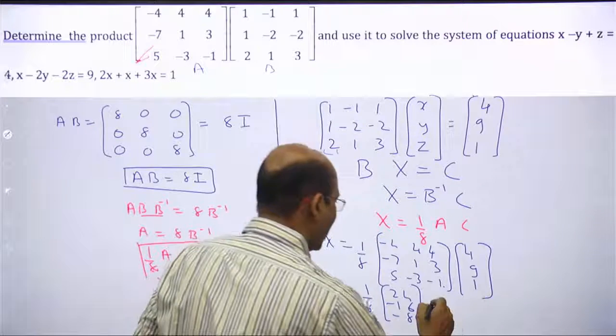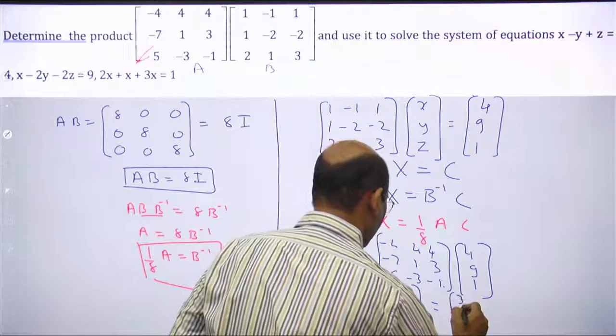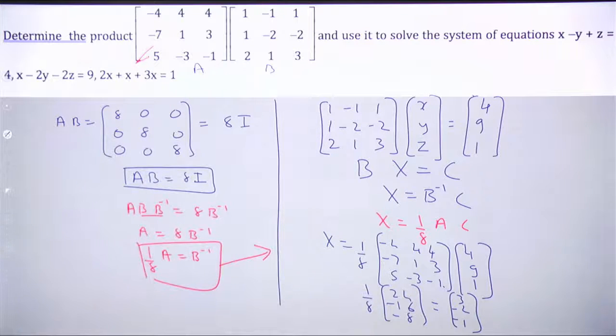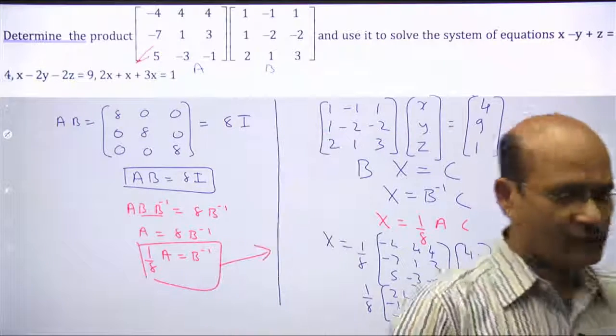So I think the answer should be 3, minus 2 and minus 1. Am I right? Just check, are you getting 3, minus 2, minus 1, children?